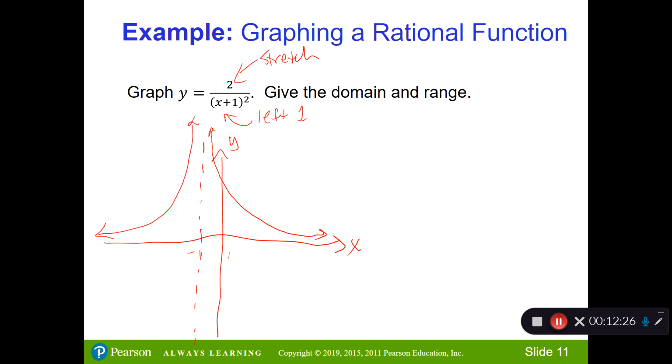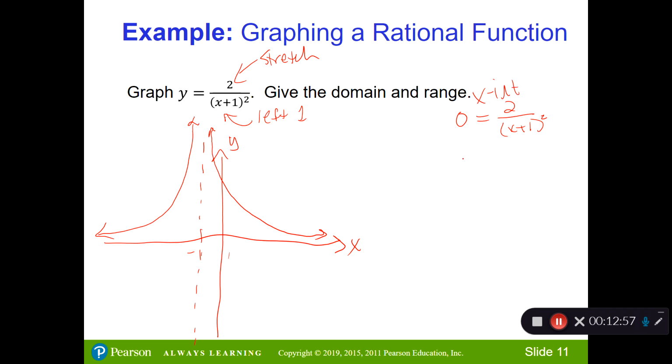And again, if I want to know this point, I can set it equal to 0. And of course, I wasn't thinking when I just said that. That would give me my x-intercept, and that means, this equation's not solvable. So we never hit the x-intercept, right?